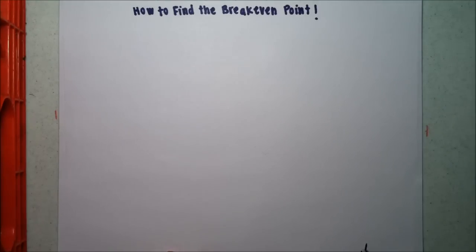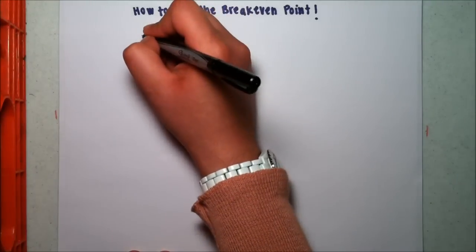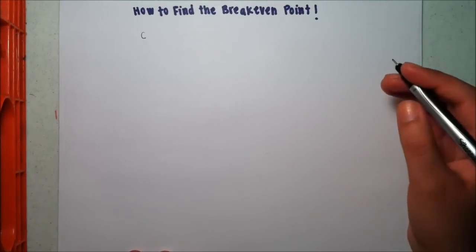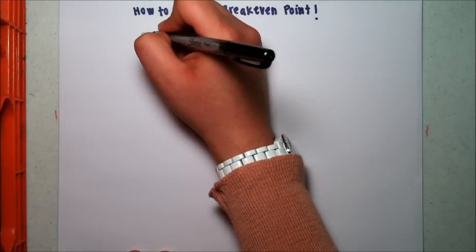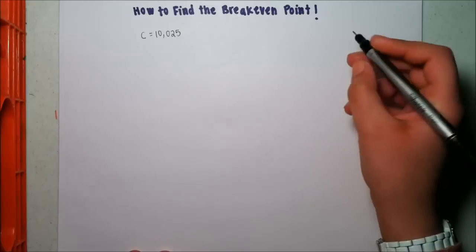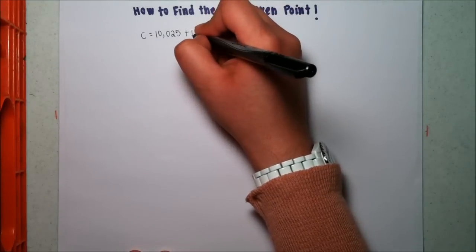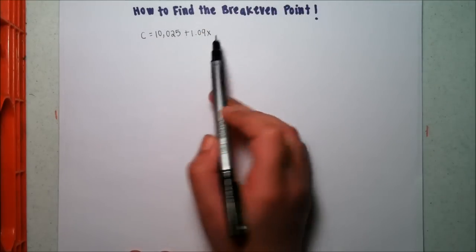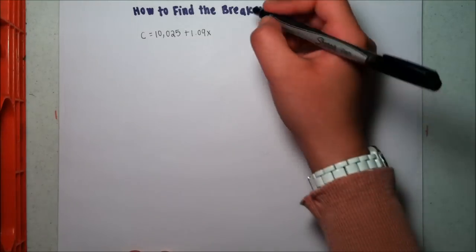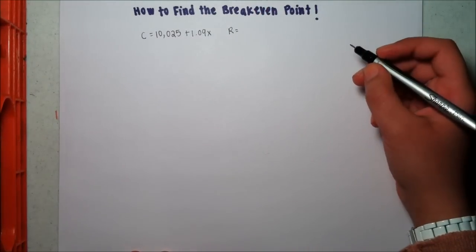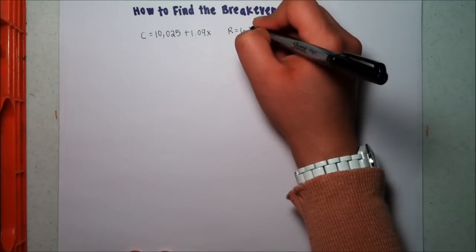So let's say we have a company that wants to find the cost, or C, to produce X amount of items, which in this case is 10,025 plus 1.09x. So that is the cost for this specific company. And their revenue is 6.42x.